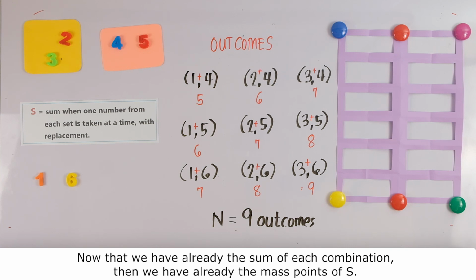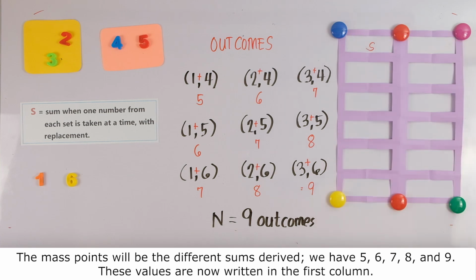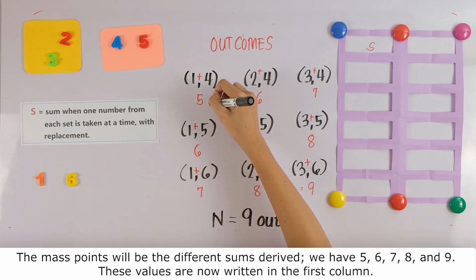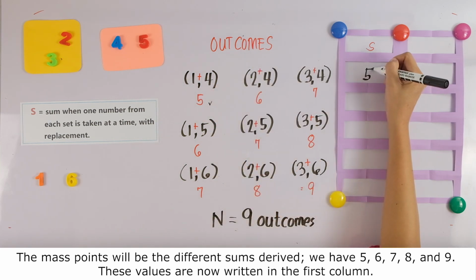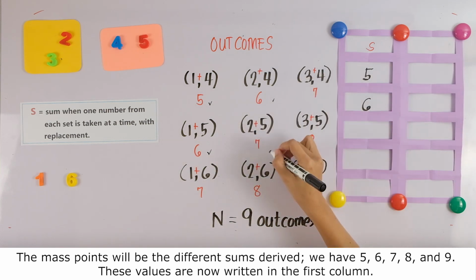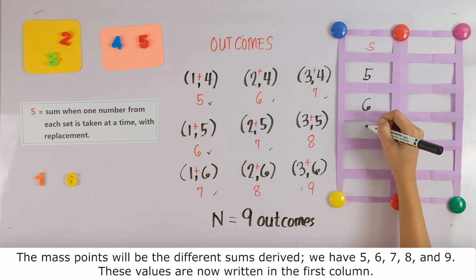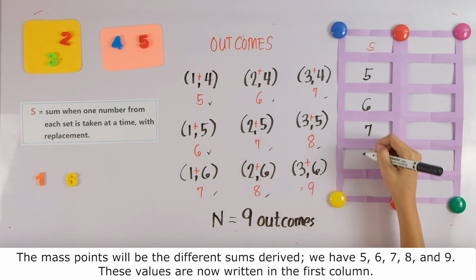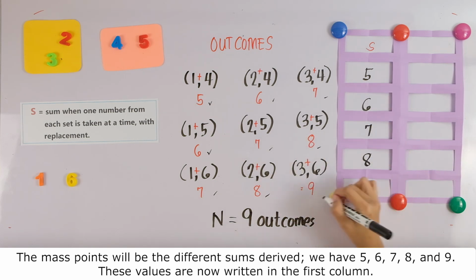Now that we have the sum of each combination, we have the mass points of S, referring to the different sums we have, such as 5, 6, 7, 8, and 9.